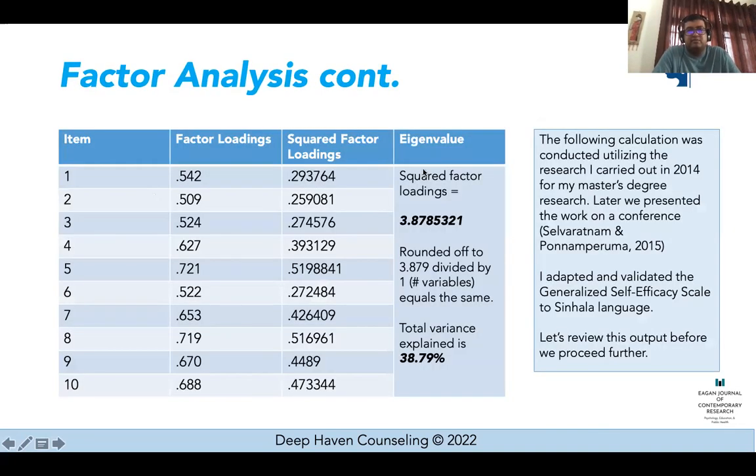That's the eigenvalue. And then you divide it by 10 because that's how many variables we have. And the total variance, therefore, is equivalent to 38.79 percent. So you can actually do this calculation yourself. It's anyways there in the outcome, but I just wanted to show the concept.